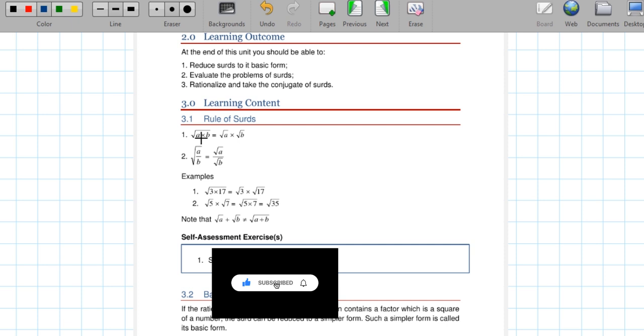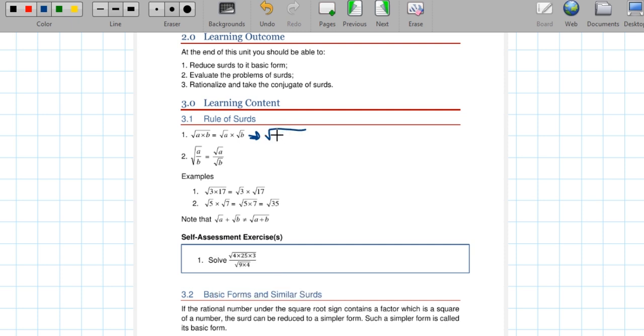You can split it like this. So if you have the square root of 2 times 6, this can be written as the square root of 2 times the square root of 6. That is what the multiplication rule is saying.